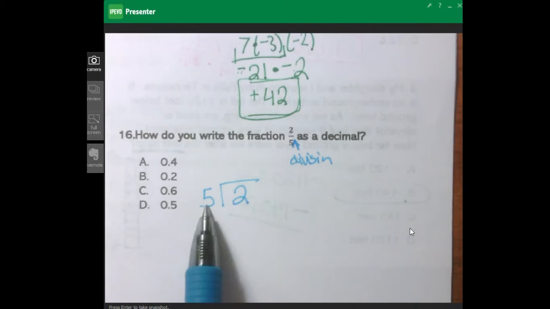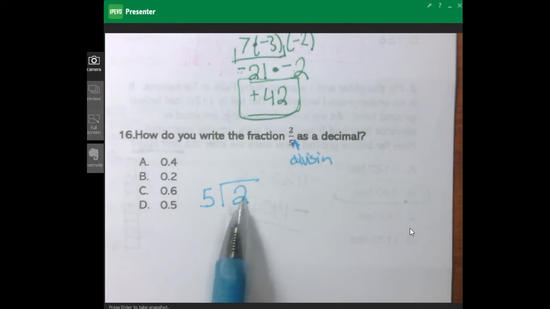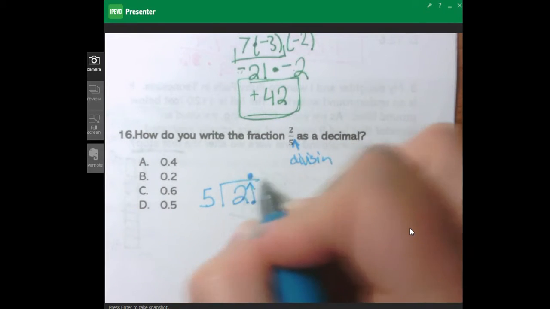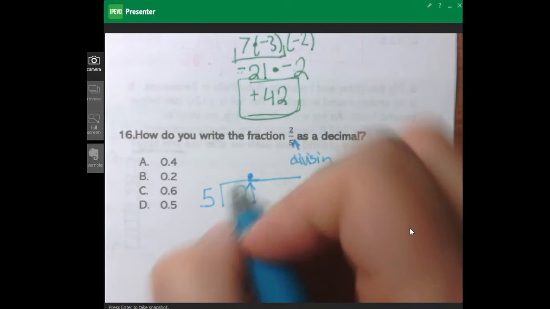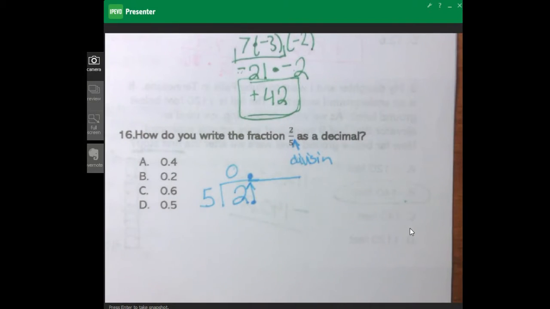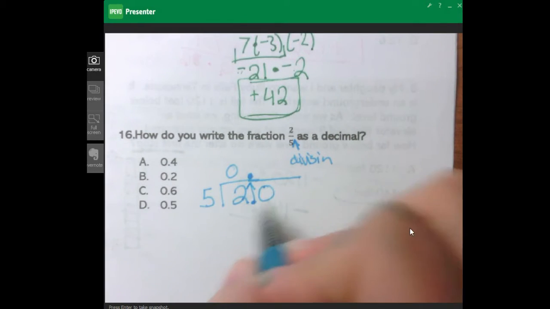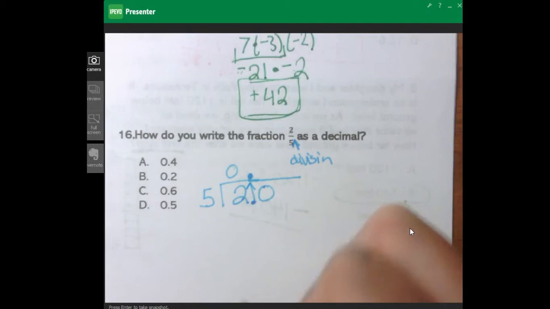Now, 5 does not go into 2. So we must add a decimal and bring it up so that we have it in our answer. And I'm going to go ahead and put a 0 out in front of it just to represent that. Now I'm going to add a 0 at the end, and we can continue to add zeros as much as we need to after the decimal.